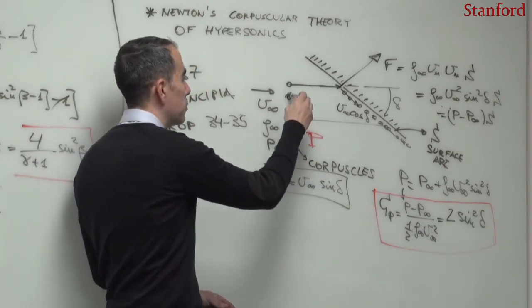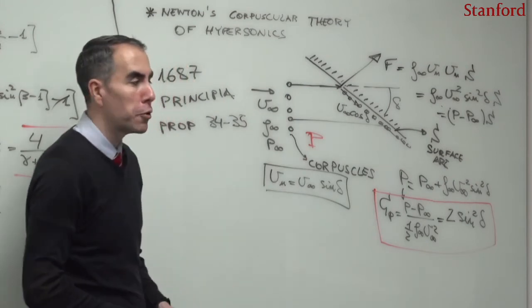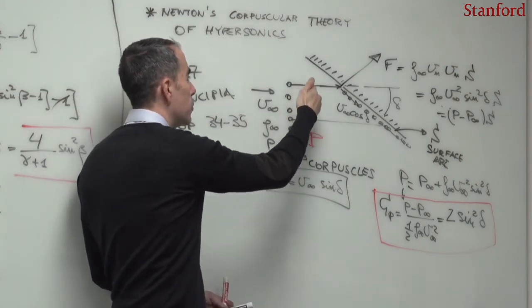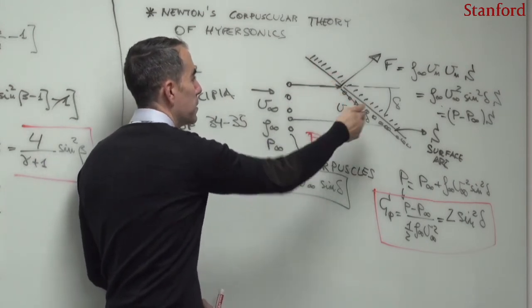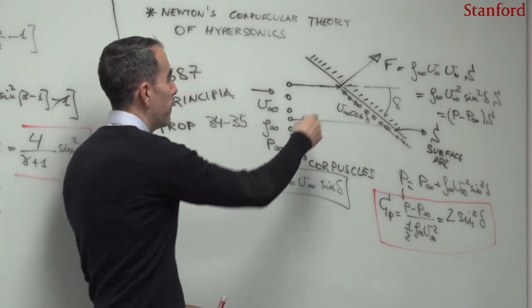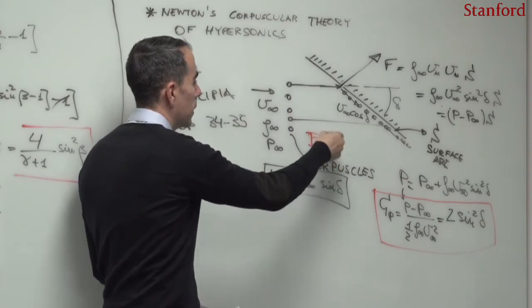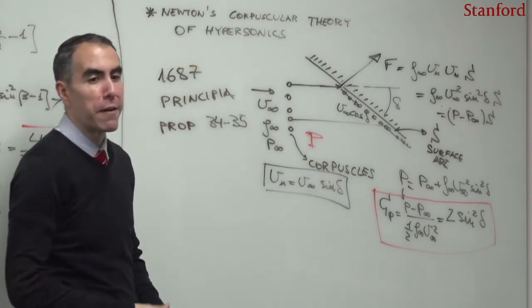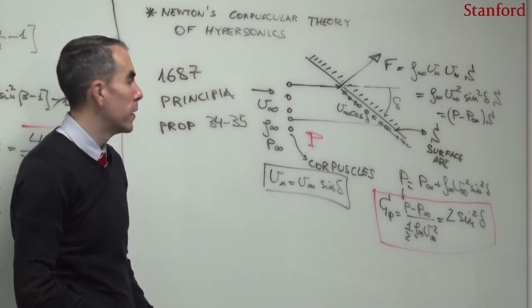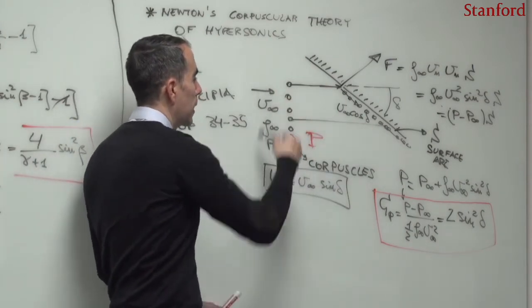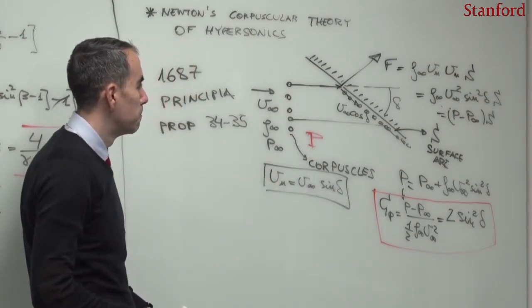So these corpuscles are no longer independent from each other. As a matter of fact, they should already be feeling the presence of the body far away from the body, for instance, at low Mach numbers. And that's given by the pressure field and by a field calculation of the mechanics of this fluid that came later with the Navier-Stokes equations.